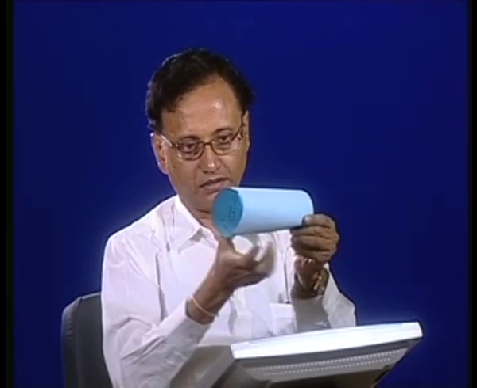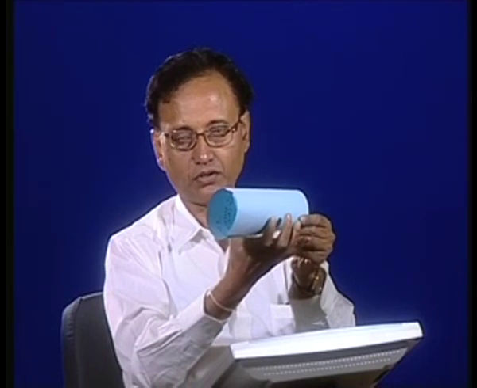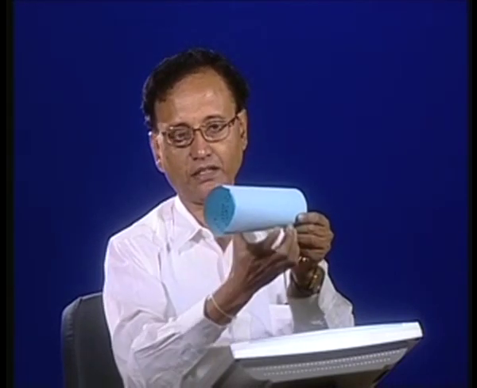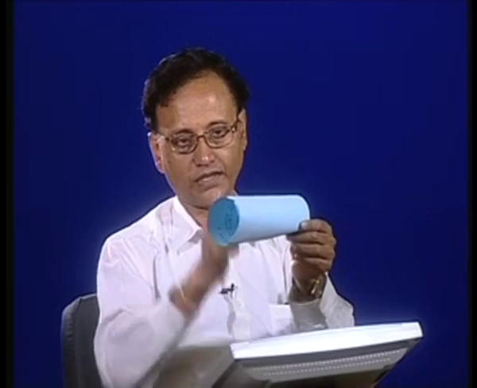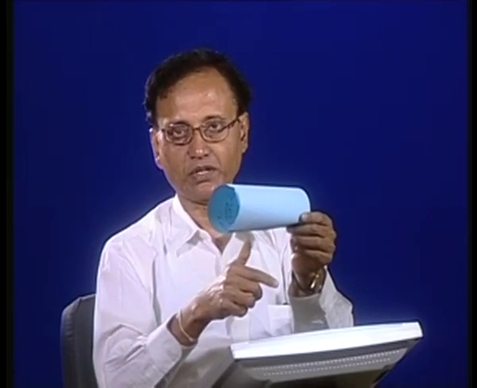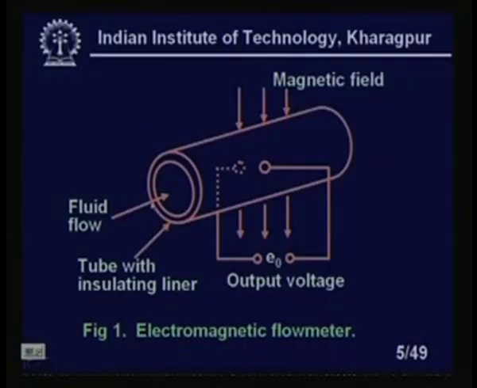Now, the flow of the fluid, the line connecting the two electrodes, and the direction of the magnetic field are mutually perpendicular to each other, right. You see here fluid flowing through the pipe, there is an insulating liner.